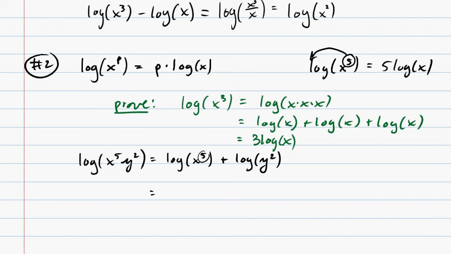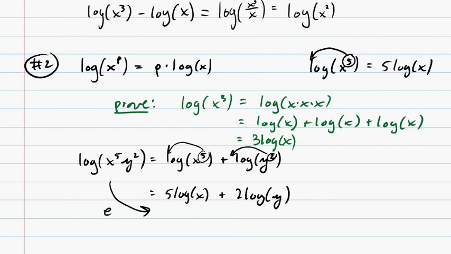And then we could take the 5 out and the 2 out in front of each of their different logs. So this would be 5 log of x plus 2 log of y. Now, if you're going this way here, this is called expanding. Now, if you were to go the other way, that would be simplifying or condensing them into one logarithm.